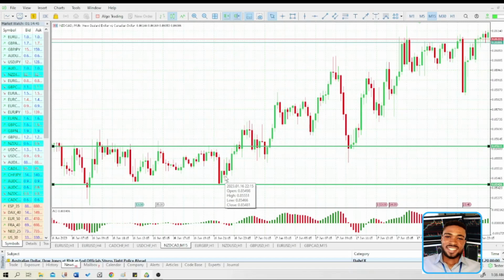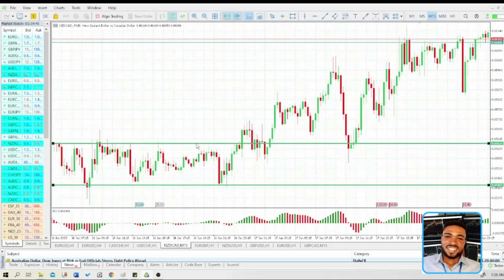Resistance is something above, okay? So for instance, if in this particular market we are down somewhere here, then this becomes our resistance and this line becomes our support. Do you understand? But assuming we are up somewhere here, can you see the rejected area?